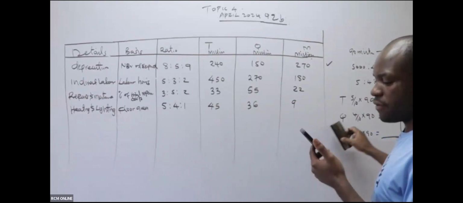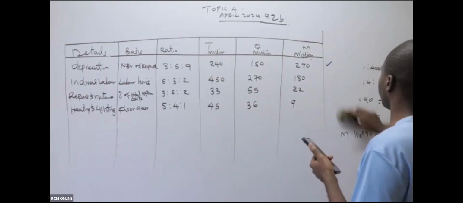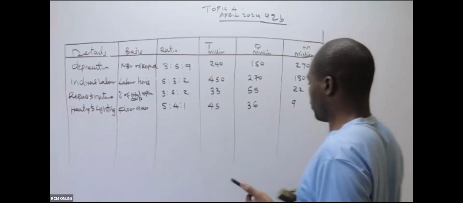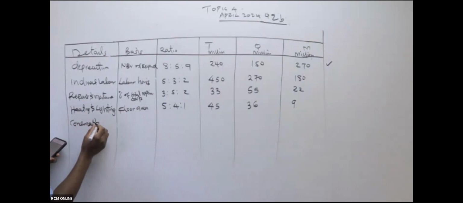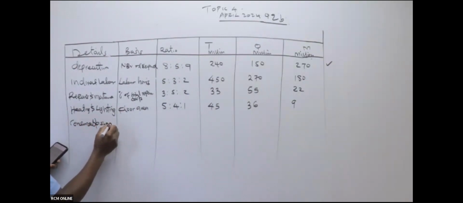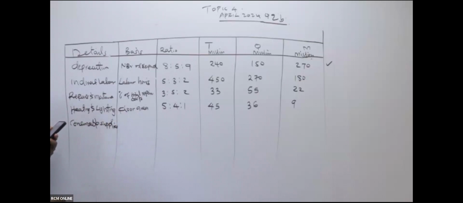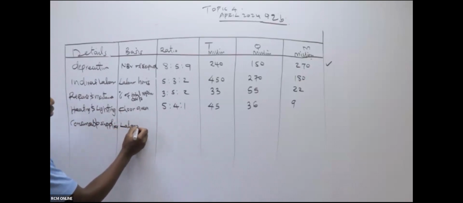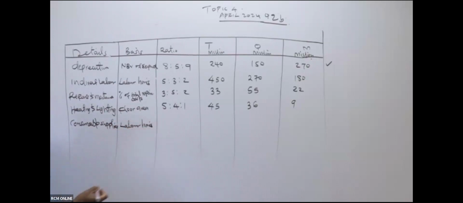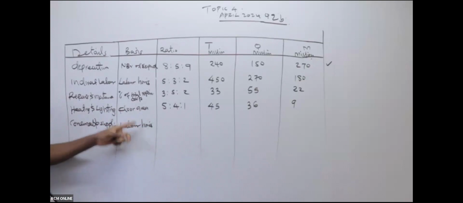The next one, we have consumable supplies. Consumable supplies is supposed to be distributed based on direct labor hours, right? The most interesting part of this particular question is that, remember, direct labor hours was used somewhere here.